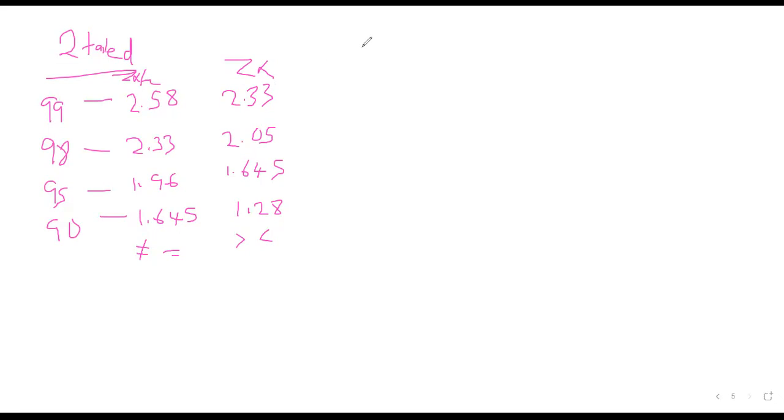So suppose we have a hypothesis like this: mu is 10 versus mu is greater than 10. Our x bar here is 18, and n is 49.